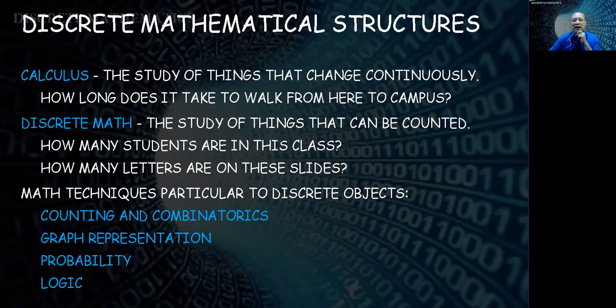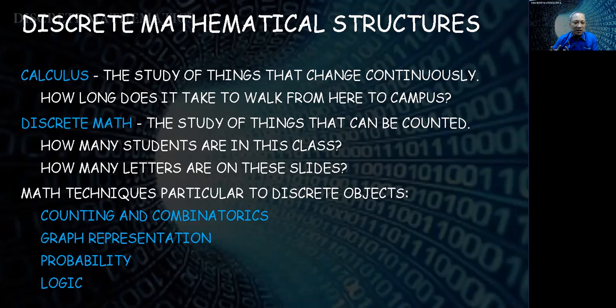Also, the math techniques particular to discrete objects are counting and combinatorics. So when counting numbers, you see how many combinations I can take if I choose 2 people from 5 members in a class, or how I can get the first, second, and third winners from 10 contestants joining the competition.